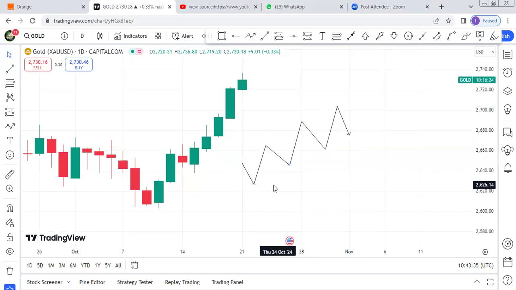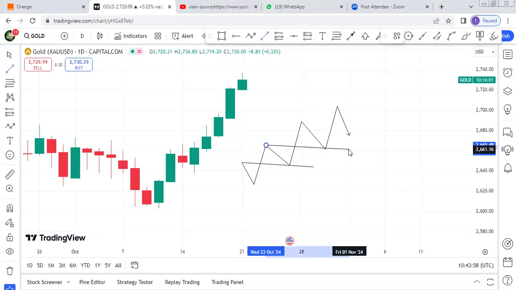But the question is, how do you know the structure is giving you an uptrend? The structure is giving you an uptrend when each and every time the market keeps on breaking the highs and fails to break the lows. When the market keeps on breaking the highs and fails to break the lows, we say the market is in an uptrend. That's one thing that you should understand.